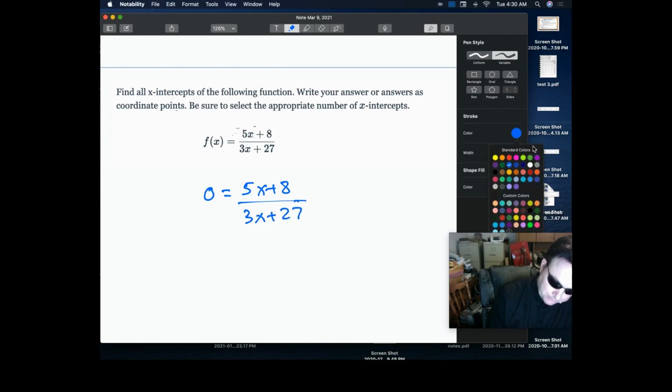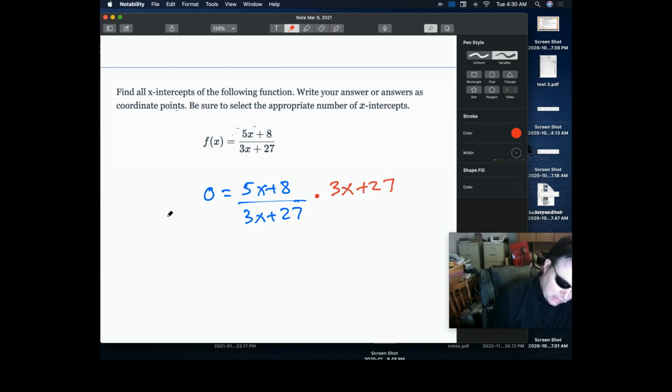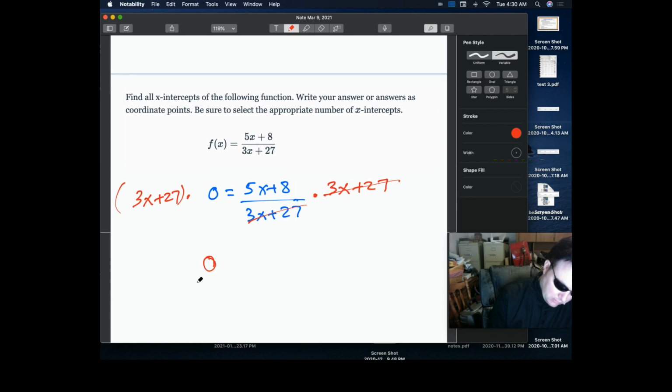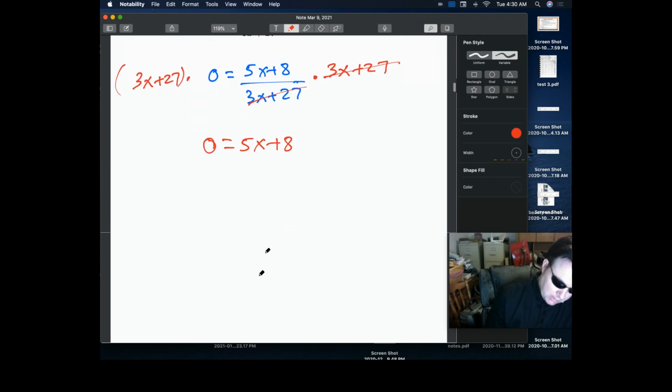And so I do realize that you can factor a 3 out of 3x plus 27, but what's always going to happen is we're going to multiply both sides of the equation by 3x plus 27. These will divide out, and we'll be left with 0 equals 5x plus 8. And when I solve this, I get negative 8 over 5 is x.